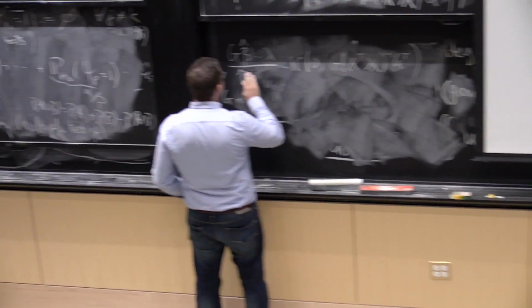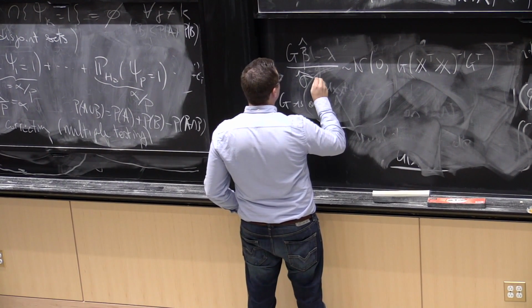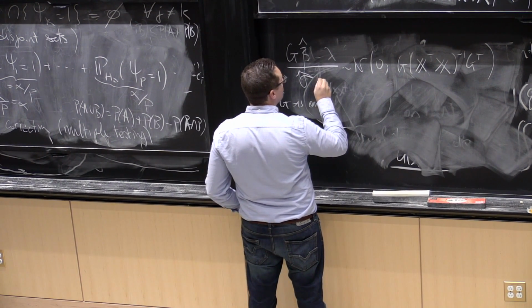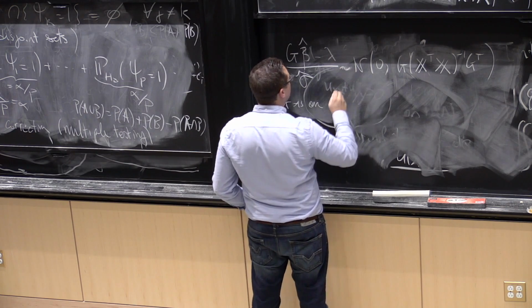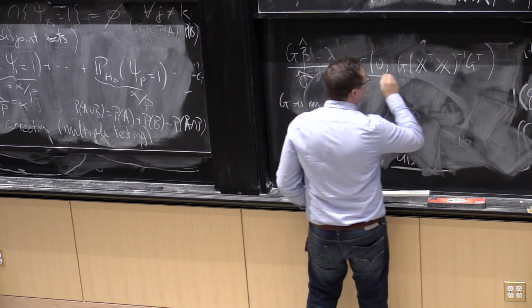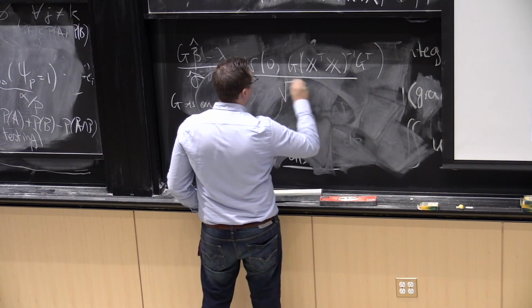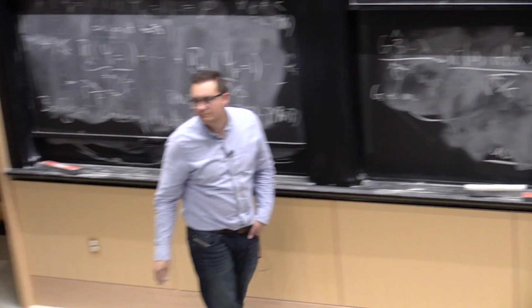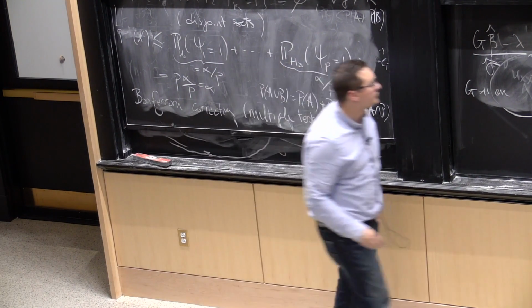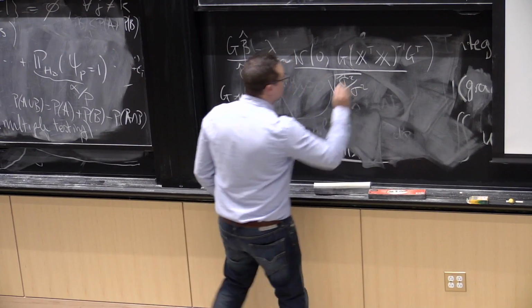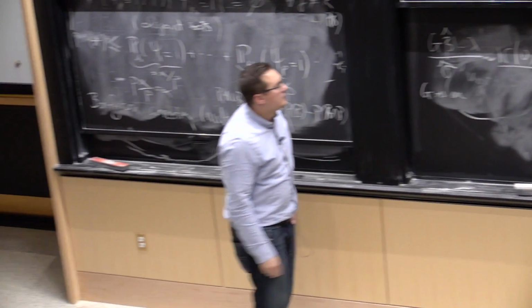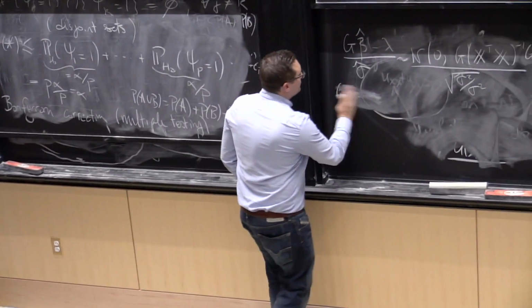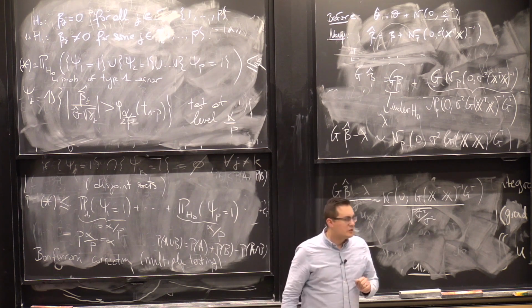So let me write it like this. Sigma squared over sigma. OK, so let's forget about the size of g now. Let's just think of any general g.